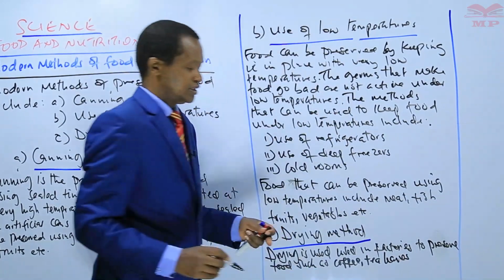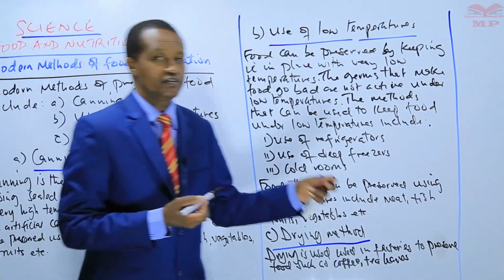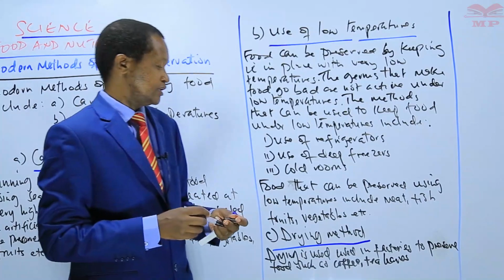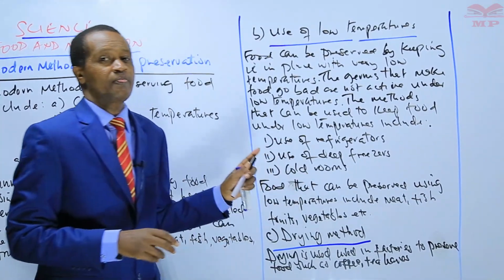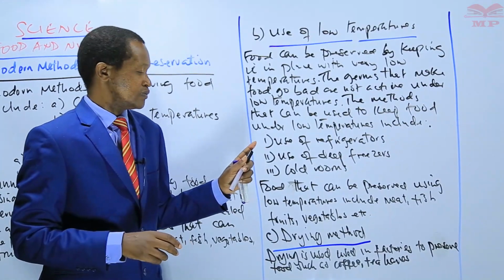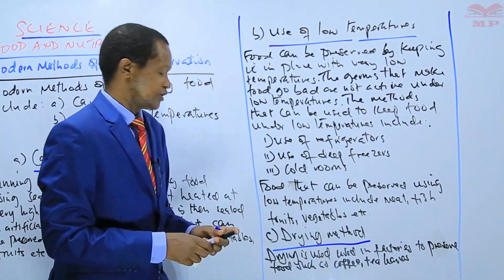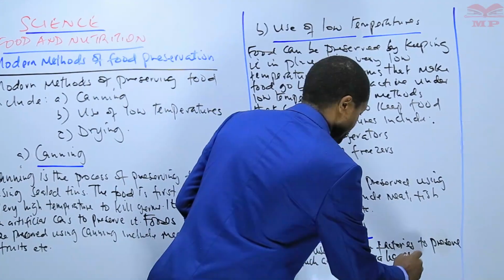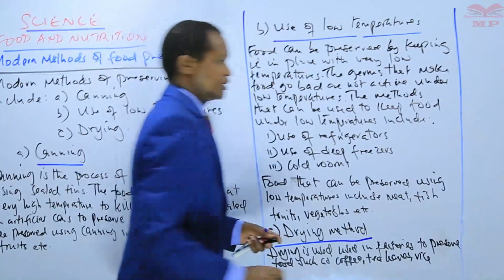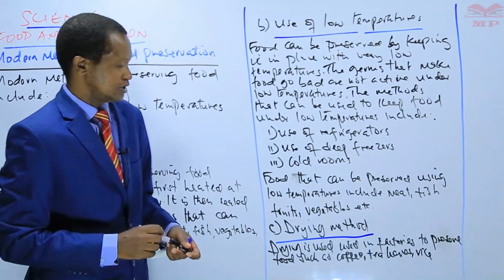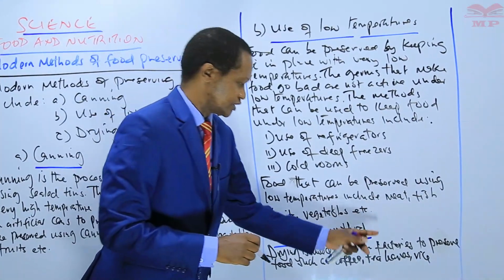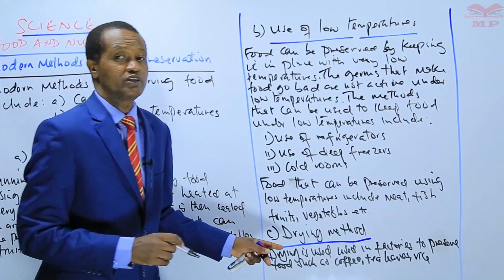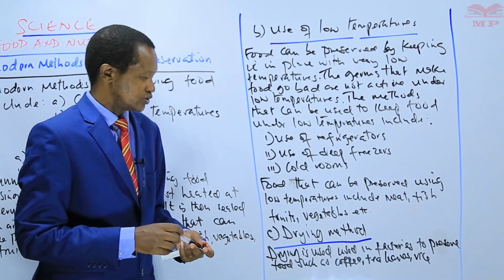When tea is harvested, we have tea leaves. These tea leaves are dried in factories. The same applies to coffee and also even rice. Rice can be dried for preservation in factories and so on.